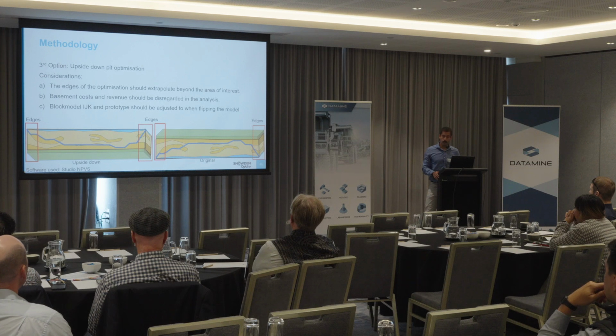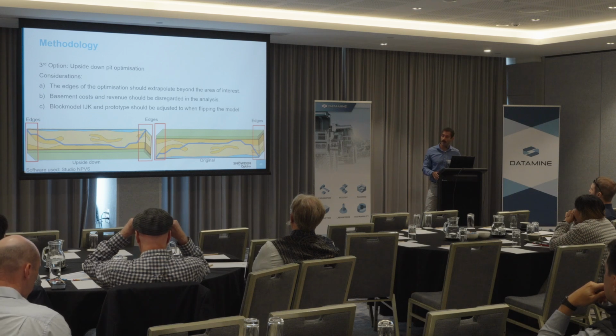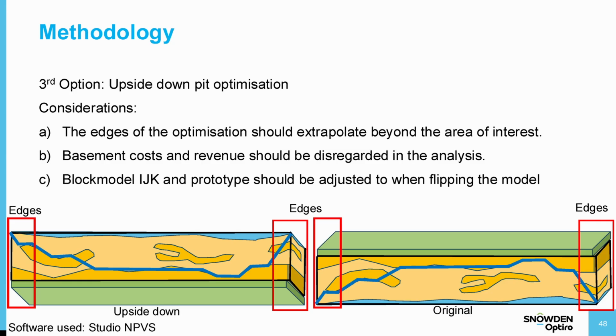The second point, we might have an edge effect. For this case it wasn't really relevant because it's a mineral sand, a huge deposit with kilometers side by side. But we need to be aware that if you have a narrow deposit, the angle from the optimization might impact your edge.